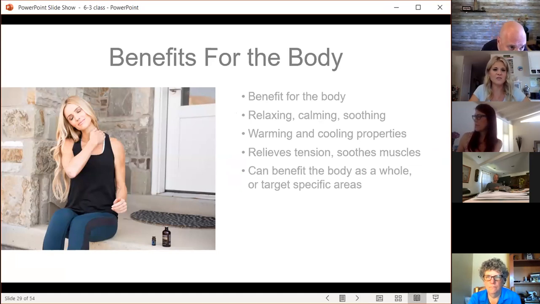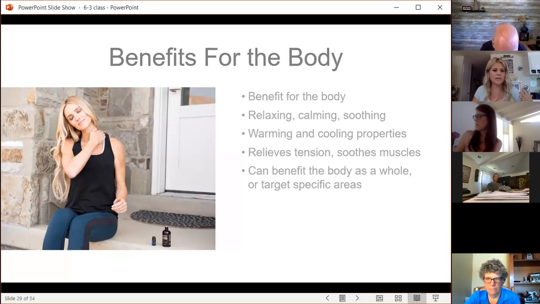So some of the benefits for the body, it helps to relax, calm, and soothe that body, relieves tension and soothes muscle. So there are some essential oils that are warming and cooling. Warming ones help with tense, tight muscles, and the cooling ones, like peppermint, are really good for inflamed muscles.